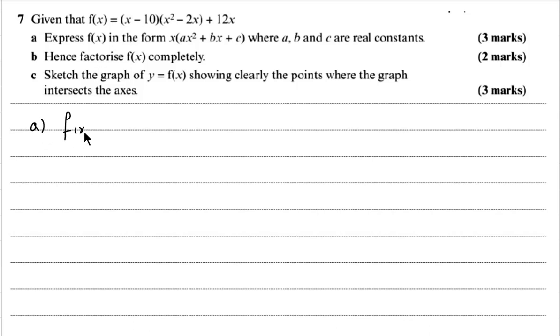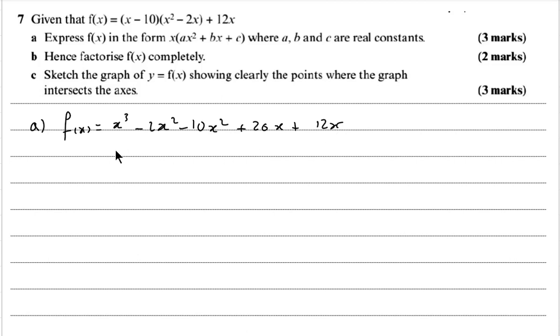f(x) should equal x times x squared, x^3, and then x times negative 2x, negative 2x squared, minus 10 times x squared, minus 10x squared, and finally negative 10 times negative 2x will be positive 20x, right? Plus 12x.